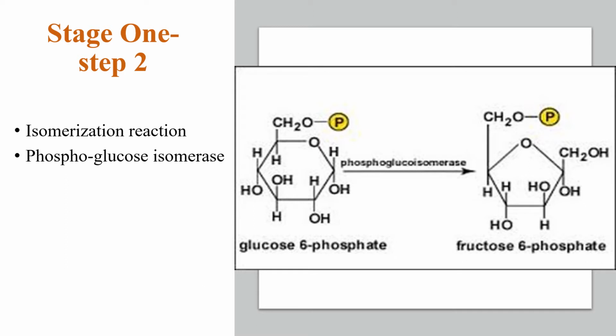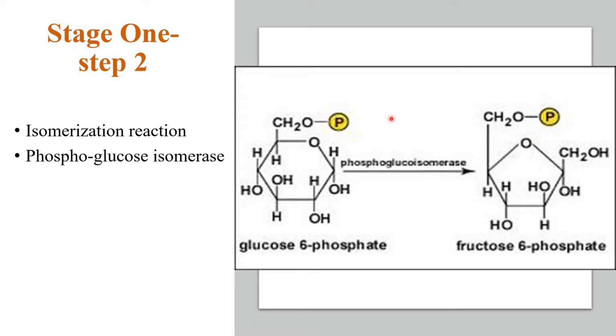In step 2, the goal is to take that glucose 6-phosphate molecule and transform it into an isomer, fructose 6-phosphate, because in stage 2, we basically want to produce 2 identical 3-carbon molecules.